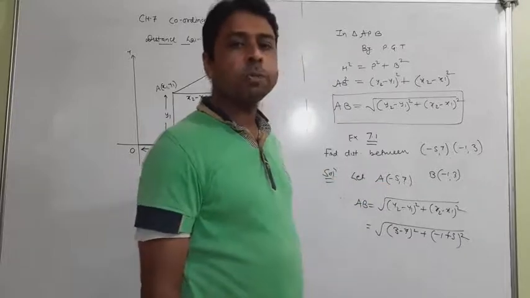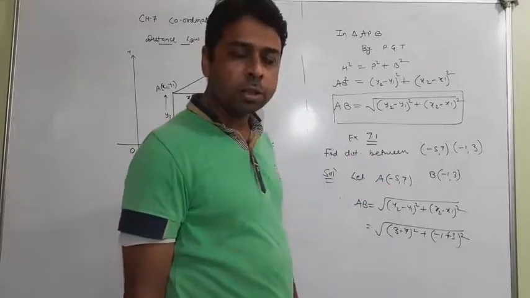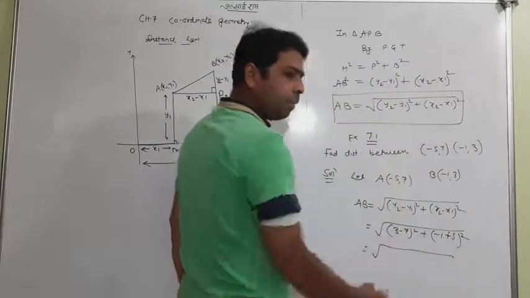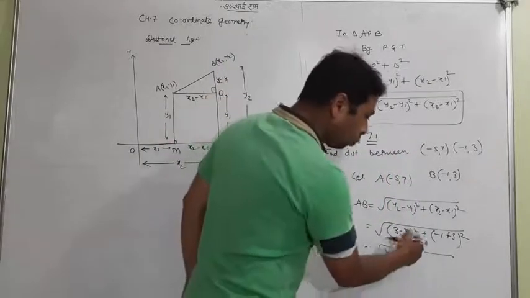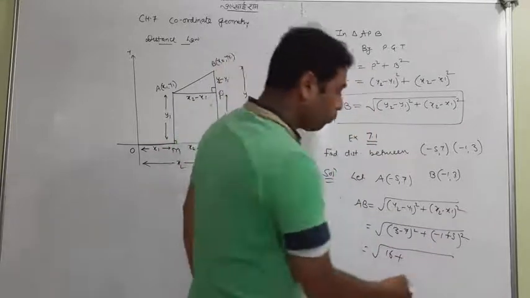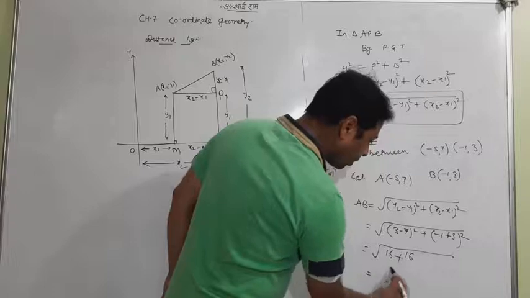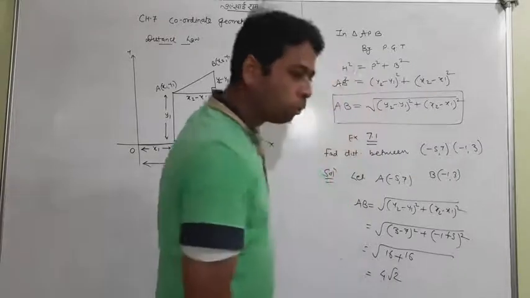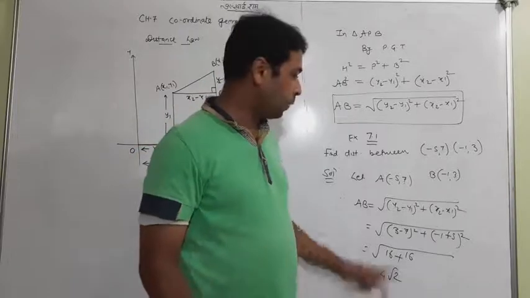I'm not specially specifying or mentioning all this in writing. So only think and go on. The 3 minus 7 is minus 4. Minus 4 square is 16, and this minus 1 plus 5 is 4. 4 4s are 16. 16 and 16 is 32. 32 can be written as 4 root 2. This is the distance between A and B.